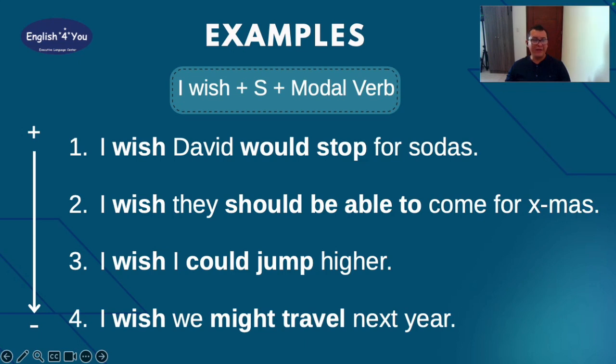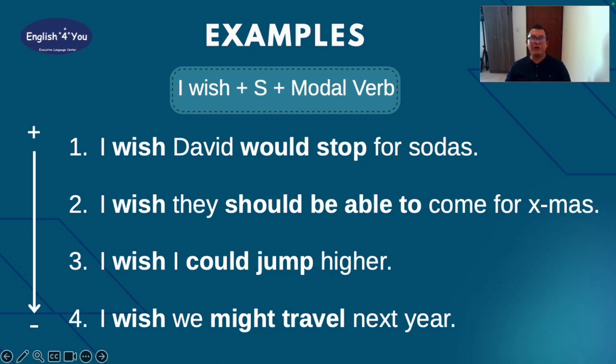And the last one, and the least possible, with the modal verb might. I wish we might travel next year. Remember, people, I wrote these 4 sentences according to the degree of possibility.